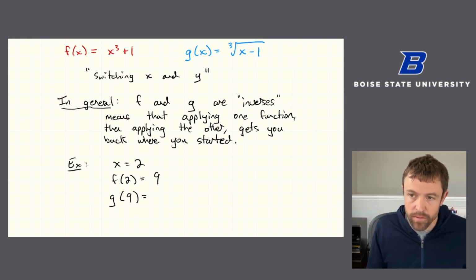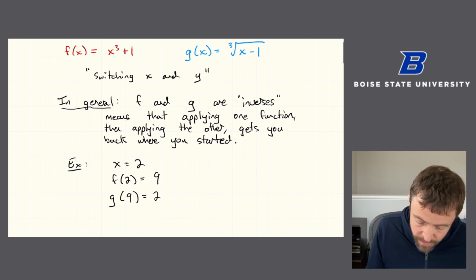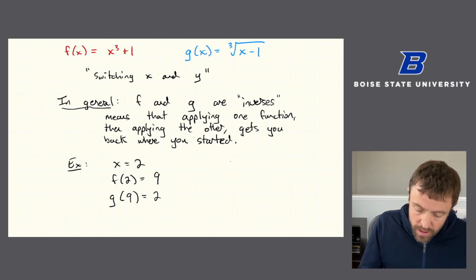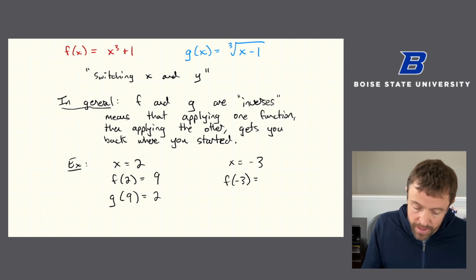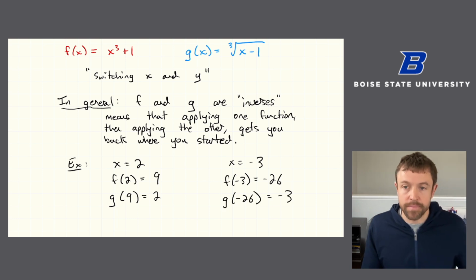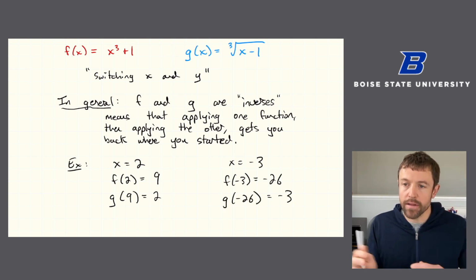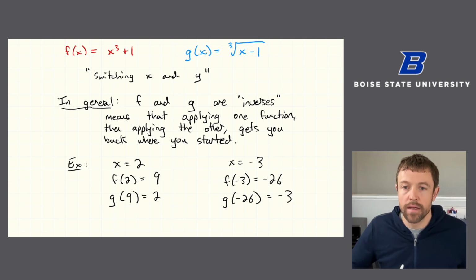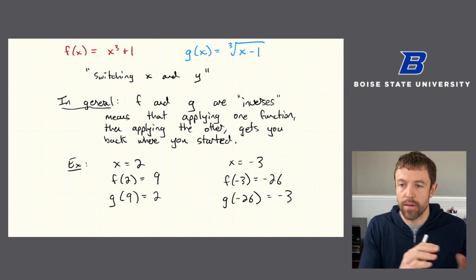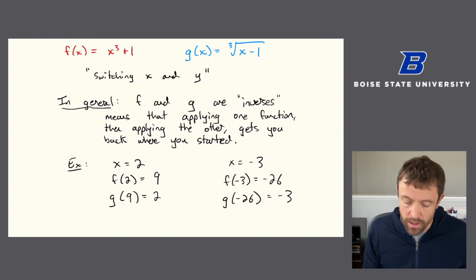Well, we get the cube root of 8, which is 2. Or if we start with x equals negative 3, f of negative 3 is negative 26. And you can confirm that g of negative 26 is negative 3. So applying the functions on the same starting value, applying one, then the other, we get back where we started.